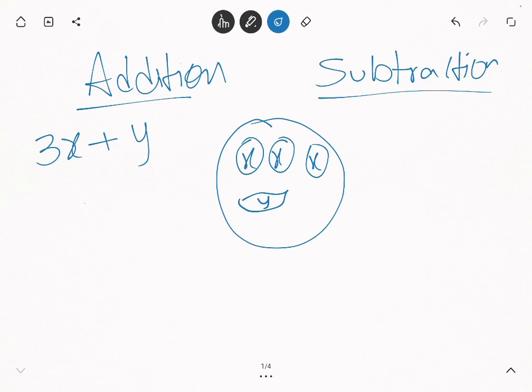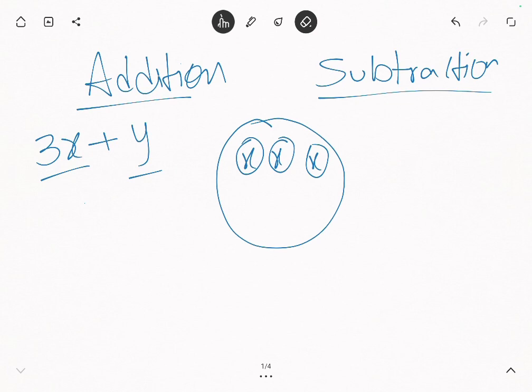I'm combining them, and as I ask you here, how many terms are there totally? There are two terms. In the same way, if someone asks me how many apple bananas are there, I can say three apples and one banana. If someone asks me to subtract this banana from the apples, how can I do that?